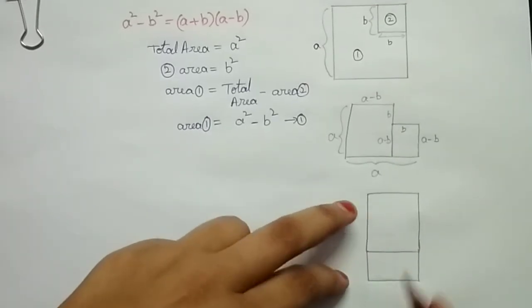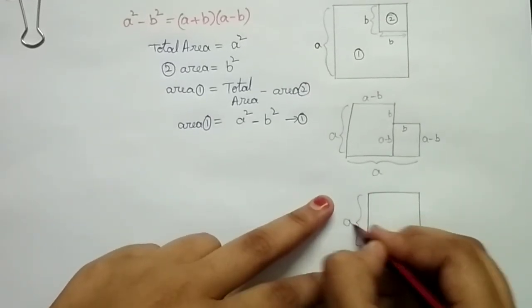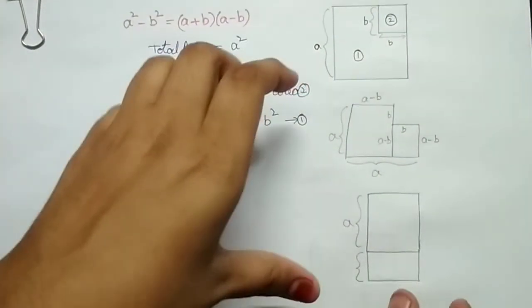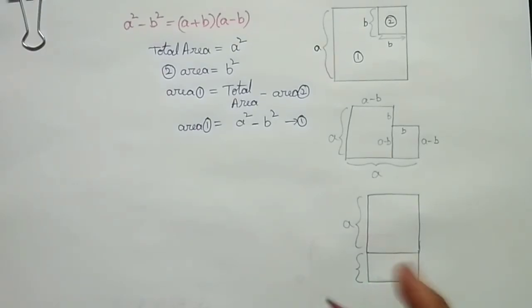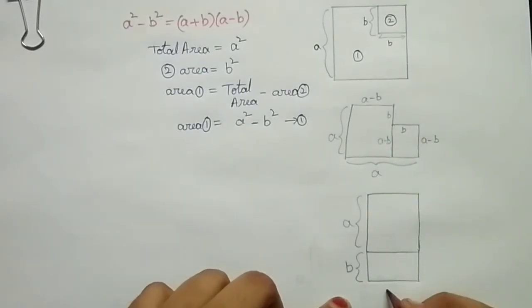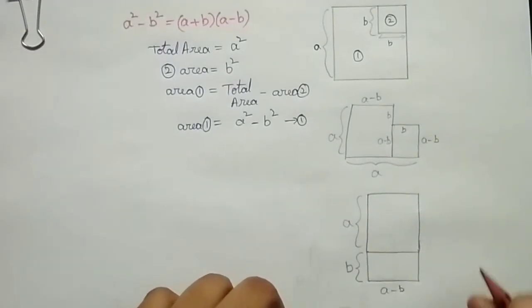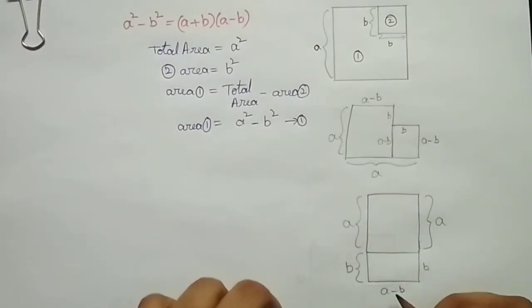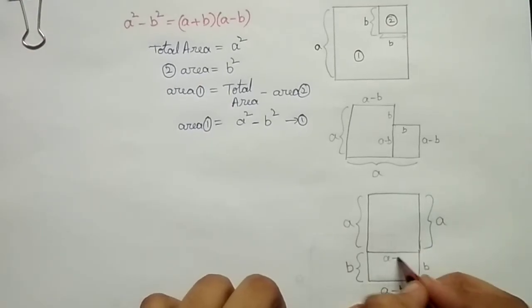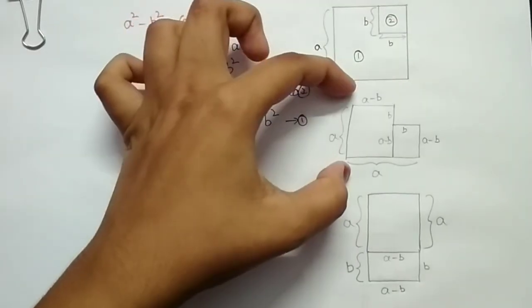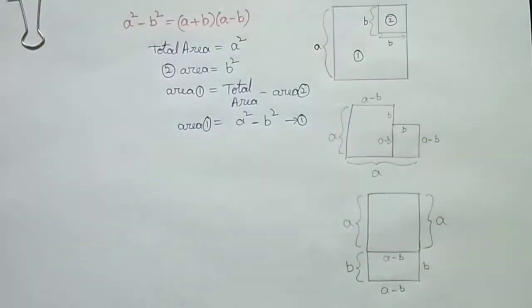That means I get another rectangle with this as A, and this small region I have rotated by 90 degrees. So I'll get B here. As we can say, this is A minus B, this will also be A minus B, and this will be B, and this whole part will be A. As this is A minus B, this will also be A minus B. So this will be similar to the area of this figure.